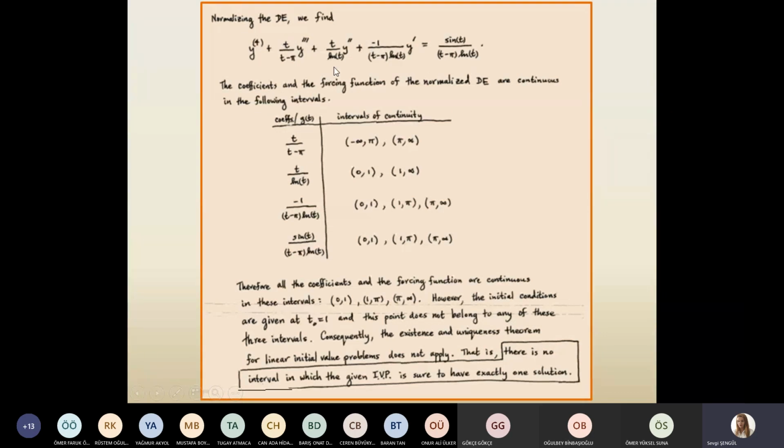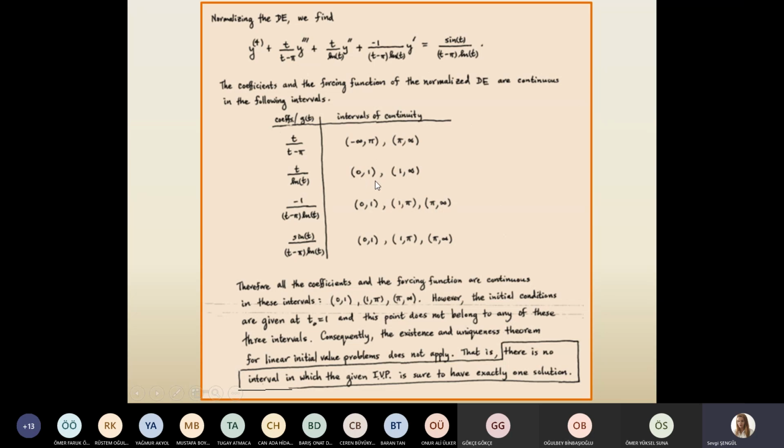And for each function, you are checking the continuity regions. For t over t minus pi, other than pi, it's continuous. That's why I'm taking the region from negative infinity to pi, pi to infinity. For the second, t ln t. You know that for ln t, t should be positive. And t cannot be 1 because ln 1 is 0.